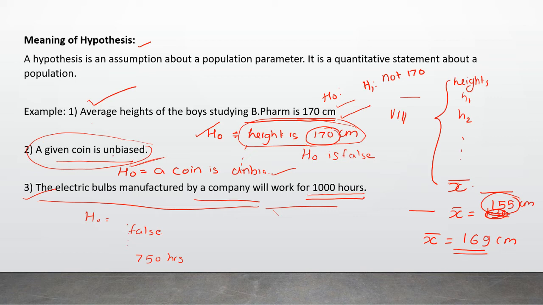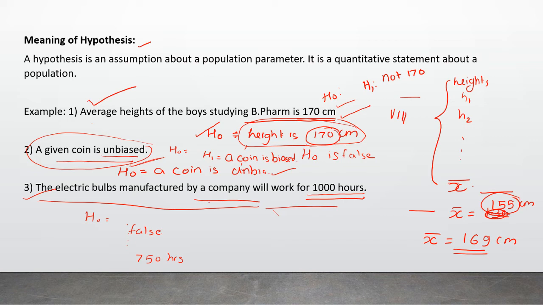Similarly, a given coin is unbiased, that is my H naught. So H1 will be what is opposite to being unbiased, being biased. So I will say that H1 is a coin is biased. So this is my alternate hypothesis, the exact opposite thing.